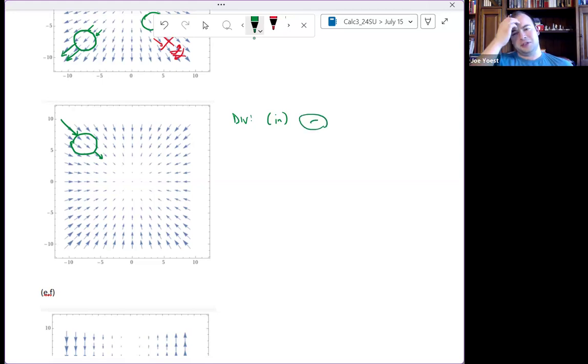I expect my divergence to be a negative number at most points here. And of course, at the origin too, that's a special case, but I see it very clearly. If I take a circle centered at the origin, then all of the vectors are pointing in. And then there's no question at all that this is definitely a sink. It's a point of negative divergence.